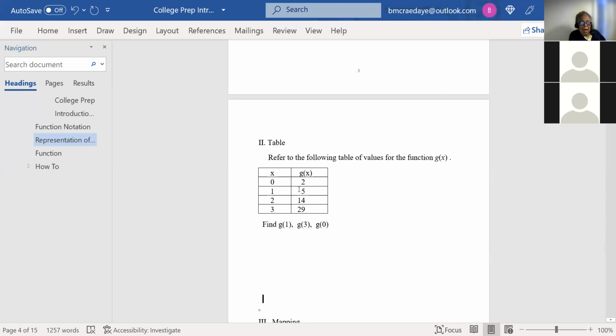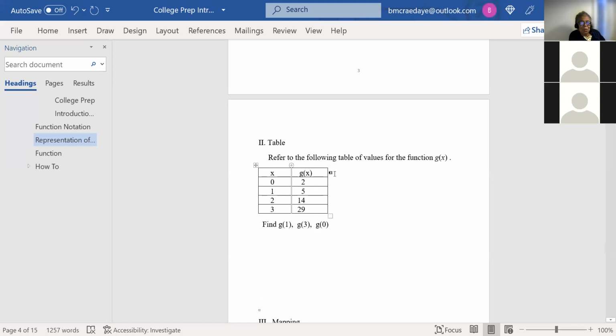So this is how it could be represented in a table, where you look at the values and you can just pick out either the function or the variable. How did they get the 29 down there? X is 3, G of X is 29.